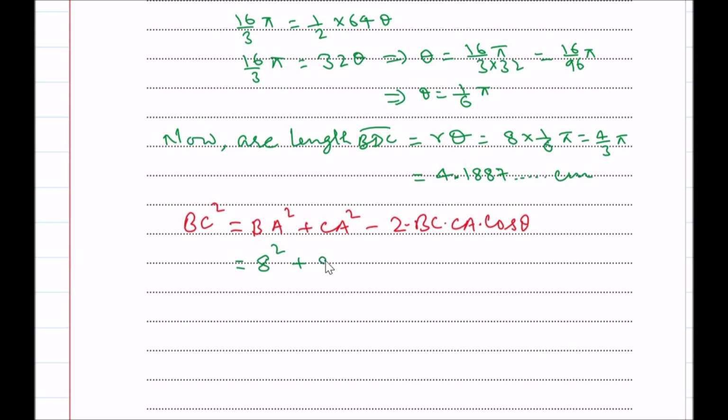This CA also radius, so this is also 8 square minus 2 into 8 into 8 into cos theta, which is 1 by 6 pi. That is, you can here see, this is your theta, pi by 6. So let me take here pi by 6. Okay. Now what will you do? Let us find BC. To find the BC, we need to take a square root of this.